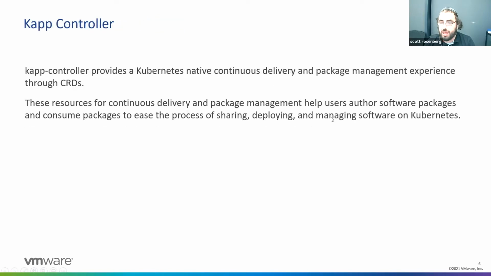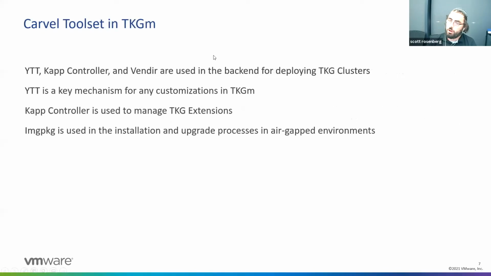Another key part is kapp-controller, which is a continuous delivery and package management experience within Kubernetes. This is the tool that all of our extensions in TKG are going to be managed by. As mentioned, YTT, kapp-controller, and there's another tool called Vendir, which helps us vendor in files from different sources into a structured file system.